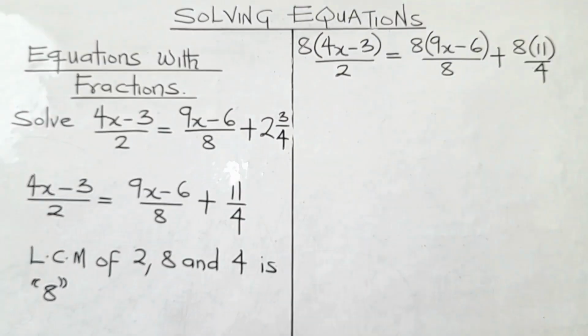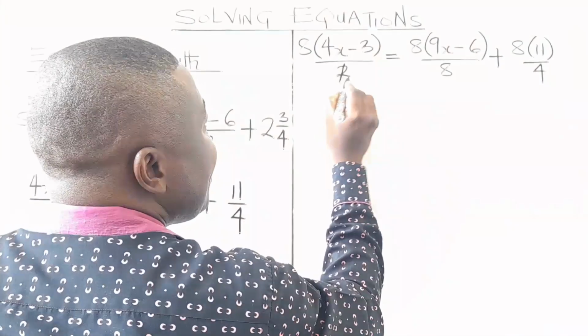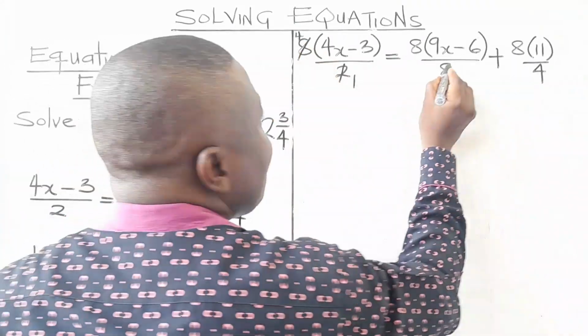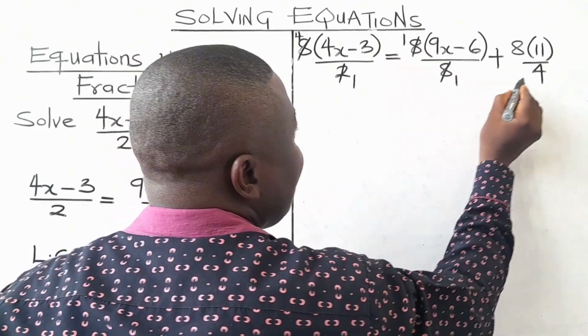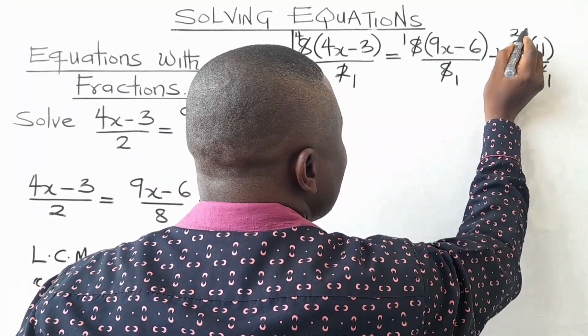Now the second stage. We're going to cancel out. 2 here is 1, 2 here is 4. 8 here is 1, 8 here is 1. 4 here is 1, 4 here is 2.